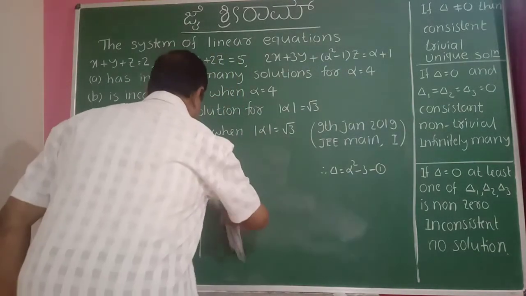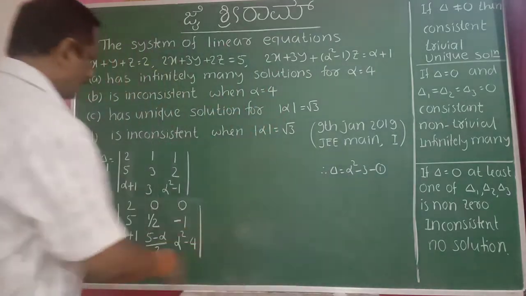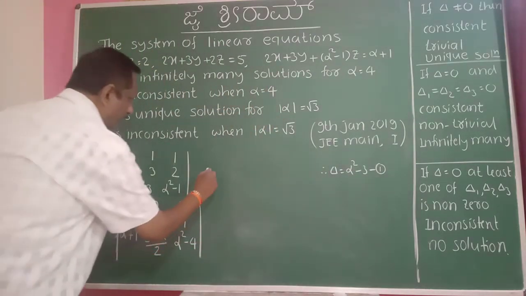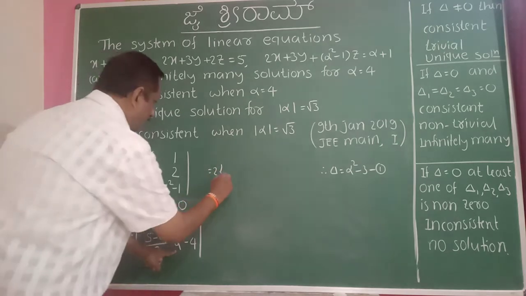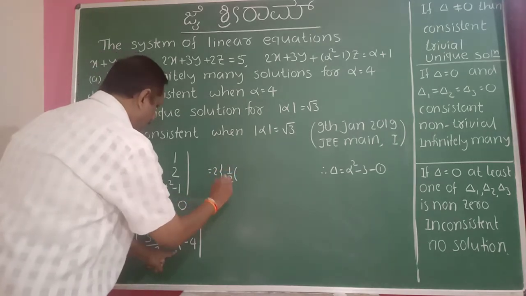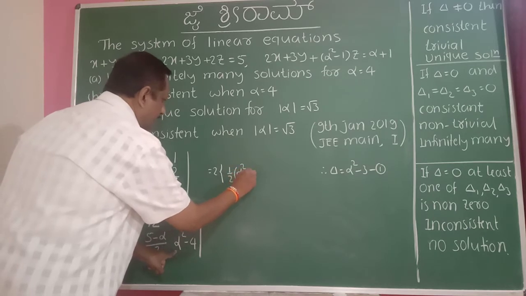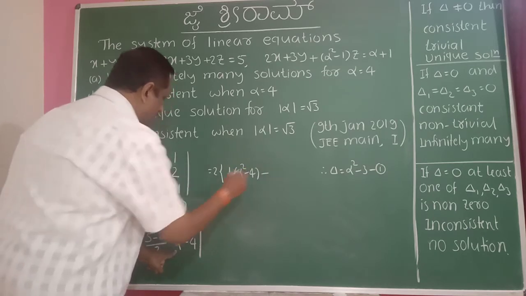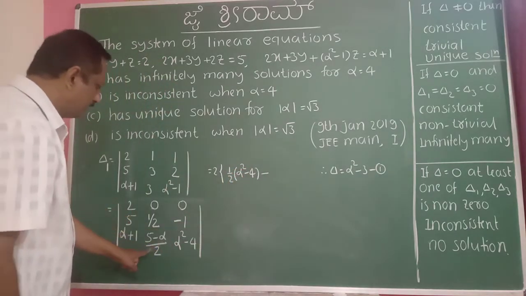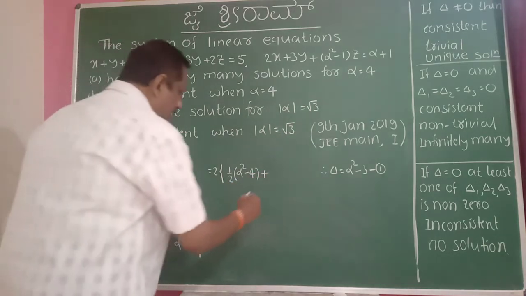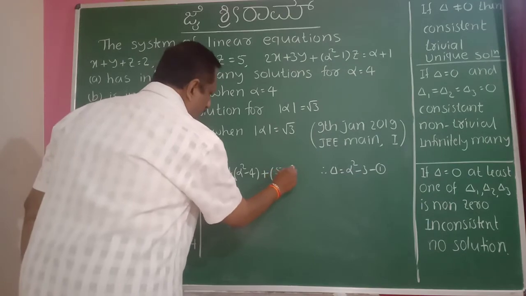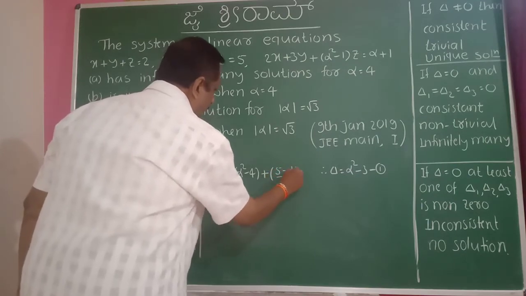It gives 1 upon 2 into the bracket alpha square minus 4, minus of minus 1 into this, and this minus becomes a plus, 5 minus alpha upon 2.